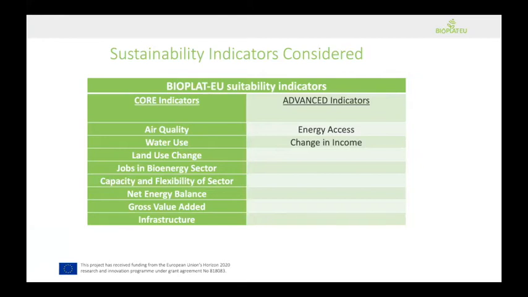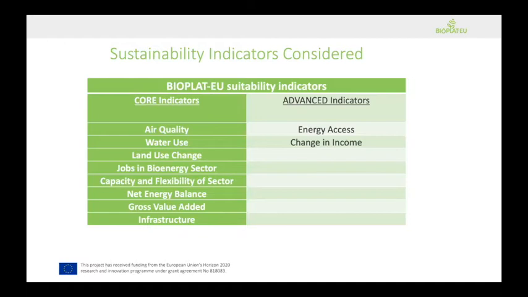For the reduced number, we have two main reasons. The first one is that some of the sustainability indicators from the original GBEP set apply to developing countries, so we couldn't insert those indicators in our tool, which works in Europe.